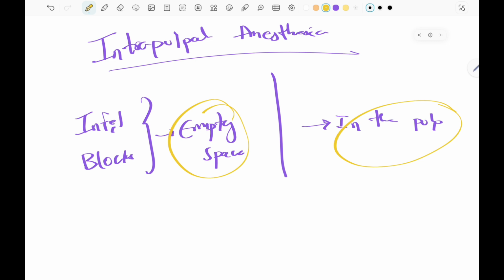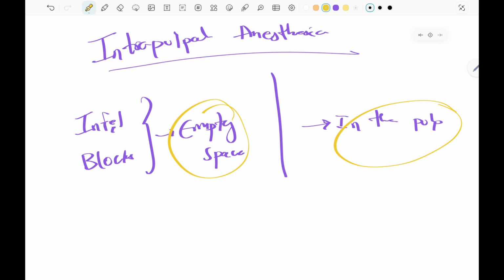You inject the liquid and give pressure to the pulp until it is completely burst inside the canals. That is what happens in intrapulpal anesthesia, and that is the reason why it works very well, because there is no pulp left inside the canal. When there is no pulp left, there is no conduction that is supposed to happen.